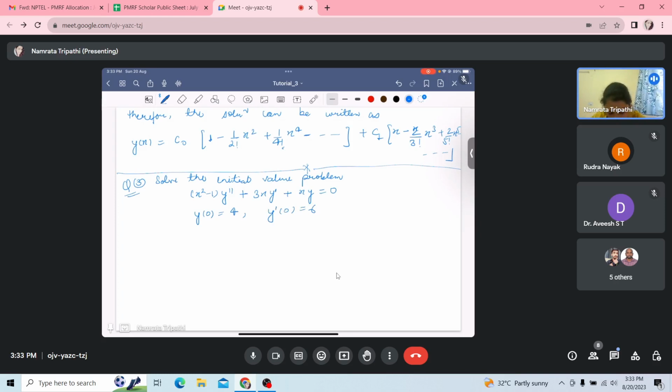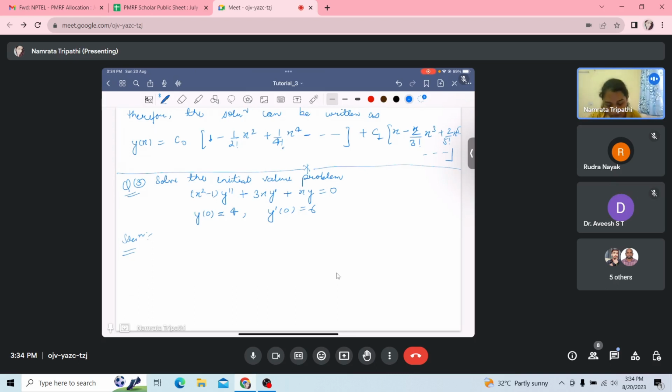So what is the regular point here? Can anyone tell me what is the regular point for the given differential equation? Zero. Yes, 0 is the regular point.